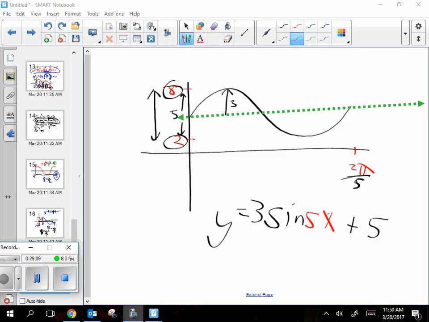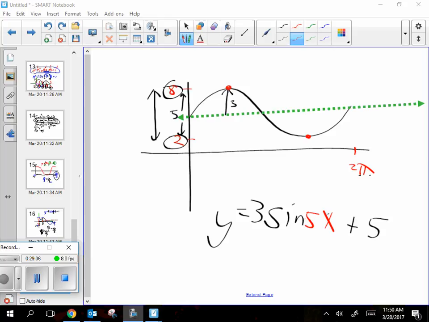Good. So, that's from me giving you a graph, but I don't even need to give you a whole graph. All I really needed to give you was how high it was and how low it was and exactly what the coordinates of that point are. I'm going to go back to when it was a little simpler and this was 2 pi.